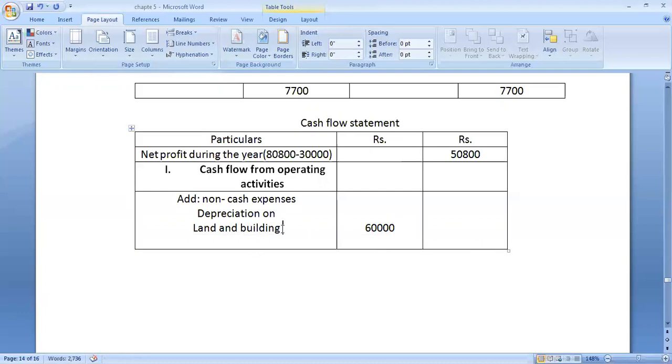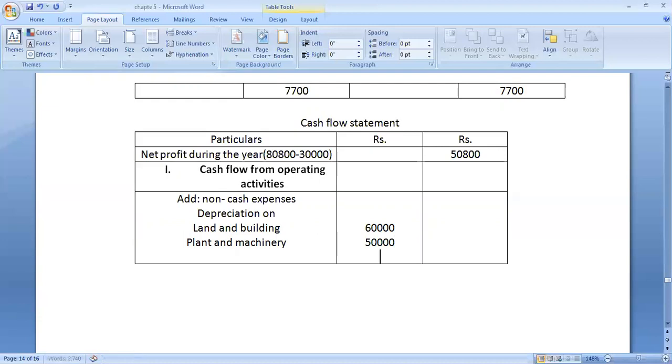And there is also depreciation on plant and machinery. So what is the value of plant and machinery depreciation which is given? It is 50,000. So that will be taken into consideration. There is also depreciation on furniture, which is 1,200.